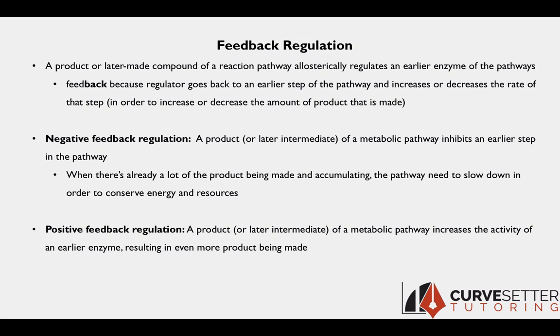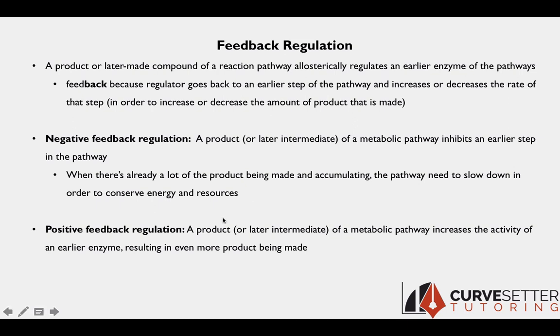And that makes sense because if there's already a lot of the product being made and it's starting to accumulate, then the pathway needs to slow down in order to conserve energy and resources. So if the pathway is churning out a lot of the product and it's starting to accumulate, then the product is going to feed backwards and inhibit an earlier step, meaning it's going to decrease the amount of the product being made because there's too much of it.